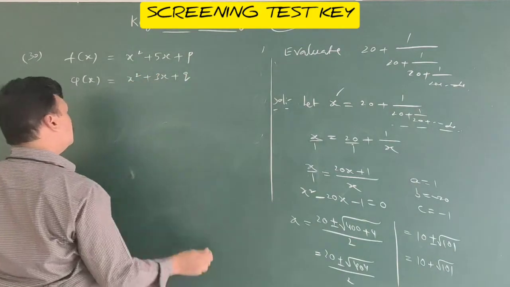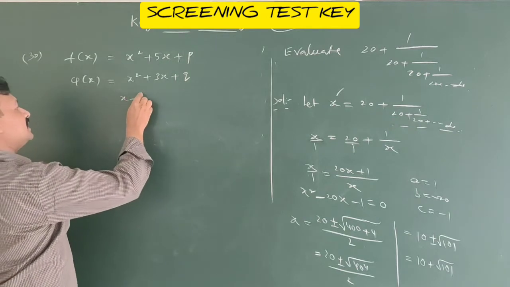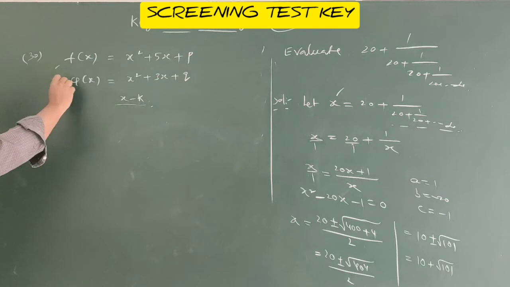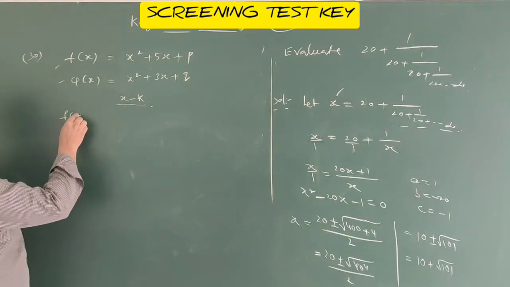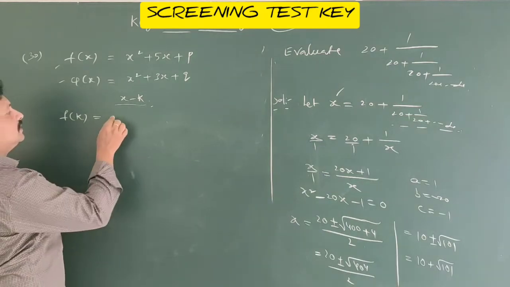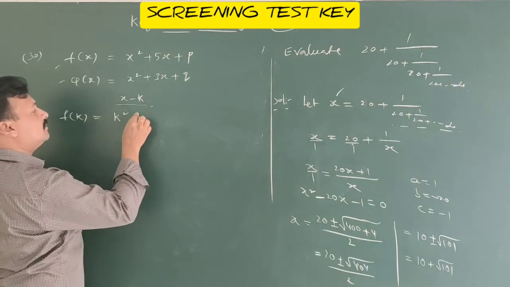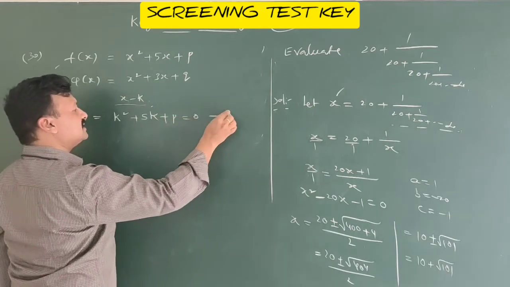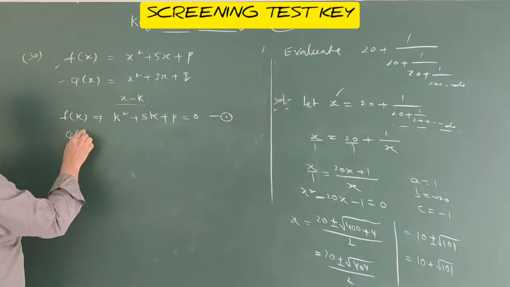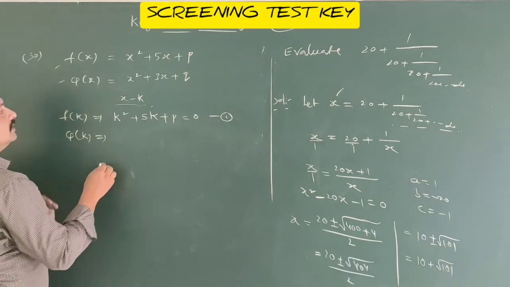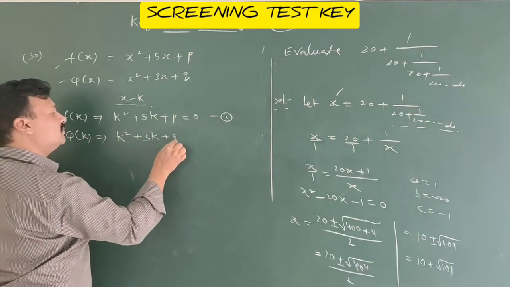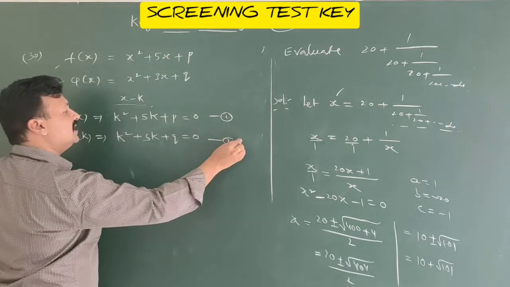They have a common root, let it be x minus k. x minus k is the root of the given expressions. So f of k equals k square plus 5k plus p equal to 0 is the first equation. g of k, k square plus 3k plus q equal to 0, is the second.